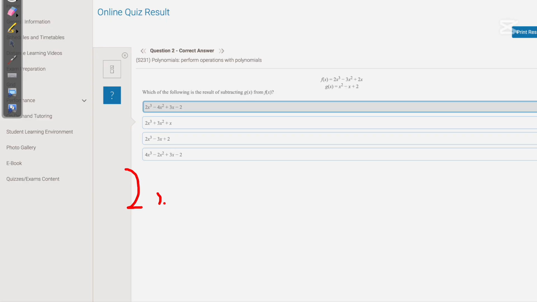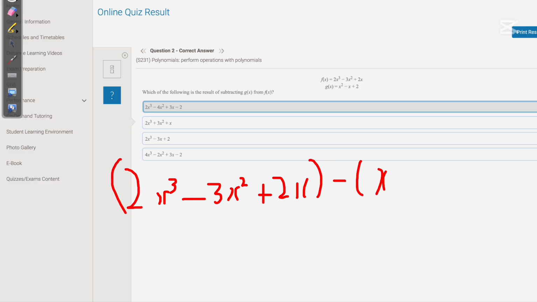2x cubed minus 3x squared plus 2x, all of this minus x squared minus x plus 2.